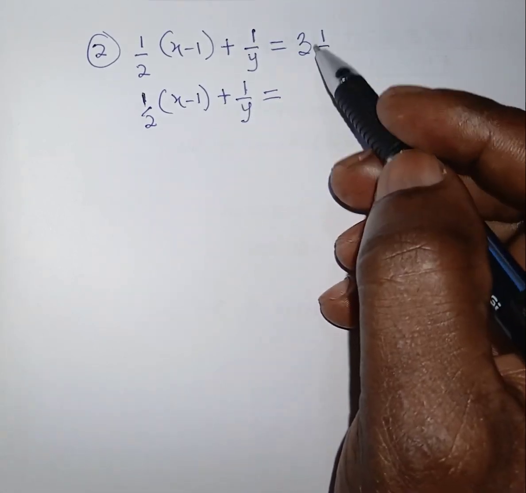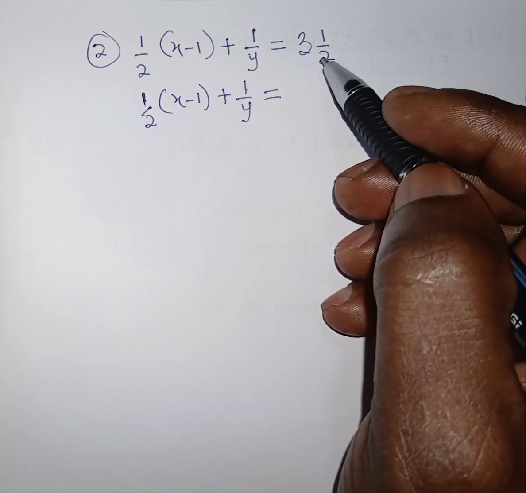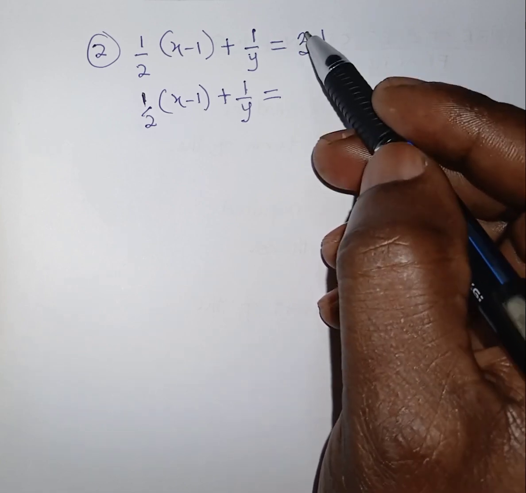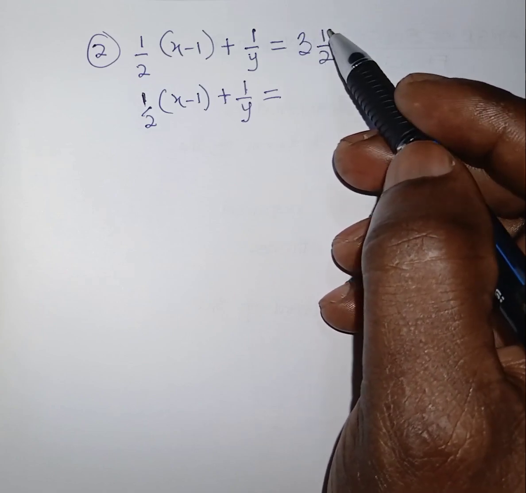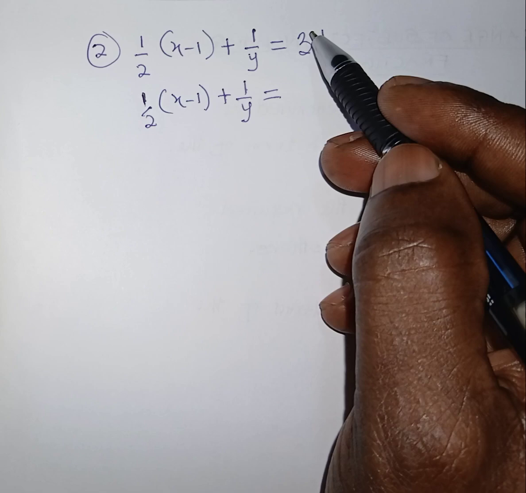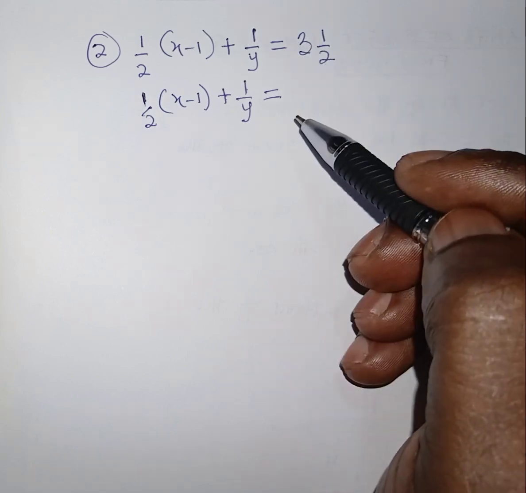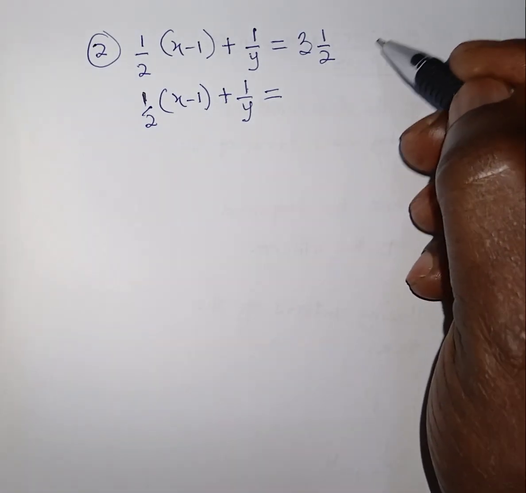Good. So how do we change this? Changing mixed fraction to improper fraction, what you do is you multiply the denominator by the whole number, which is 3, and then add the numerator to the answer you get and divide the result by the denominator. So this is how it is.